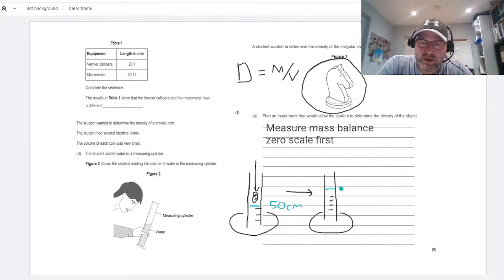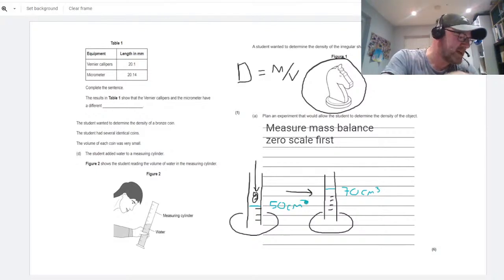Yeah, displacement, love that word. Rises, good. You throw the chess piece in, it goes up.